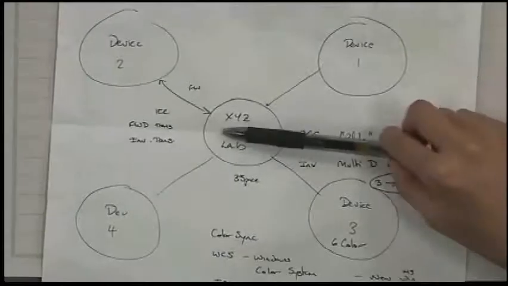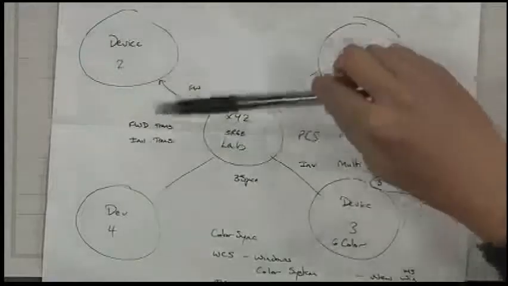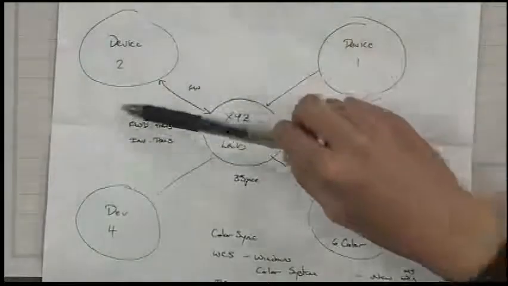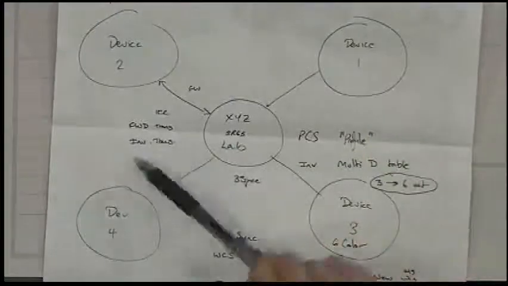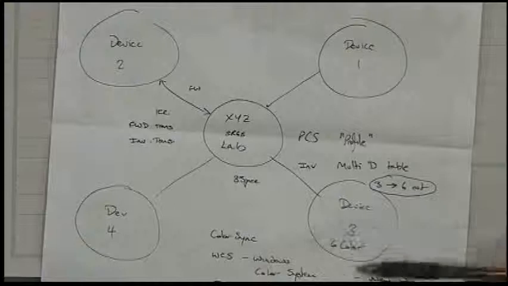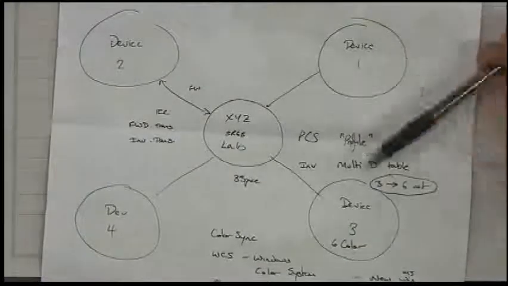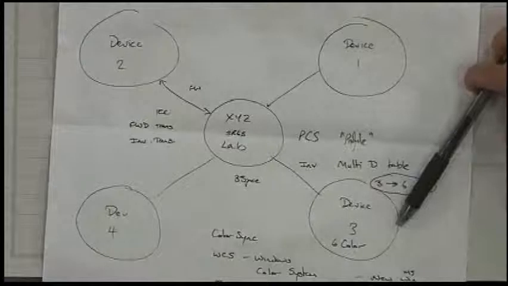So forget about sRGB for the moment. Device 2 has to provide this profile to contain the specification of the transform. And if you have your printer, device 3, then similarly this device will also provide a profile to convert between the PCS and the native color space of device 3.